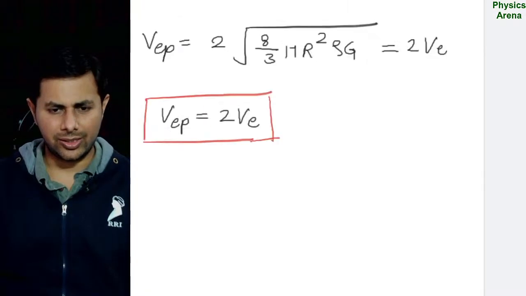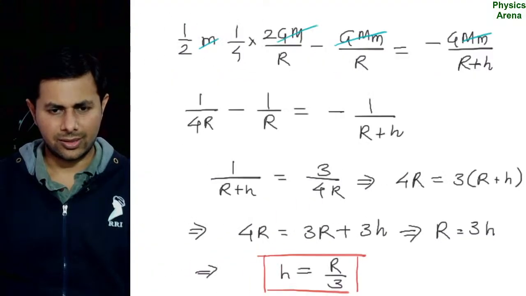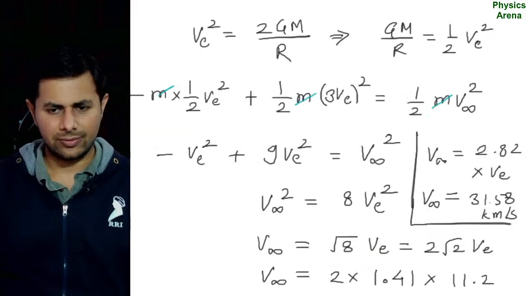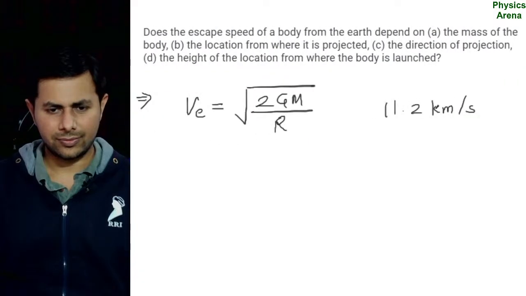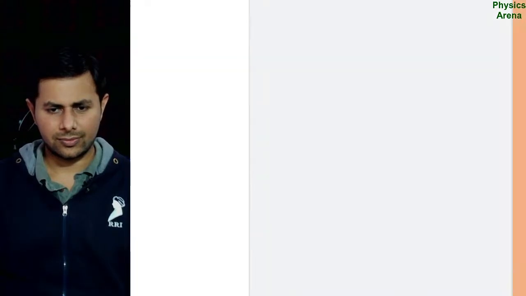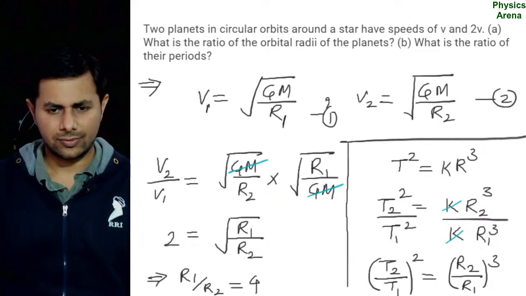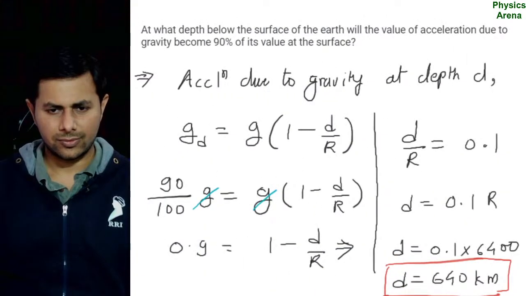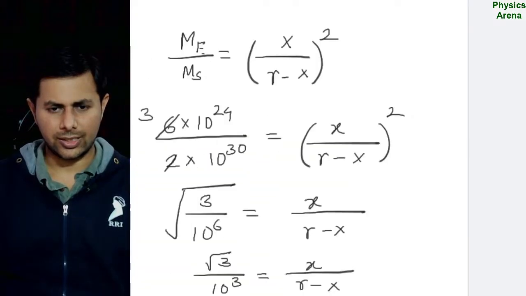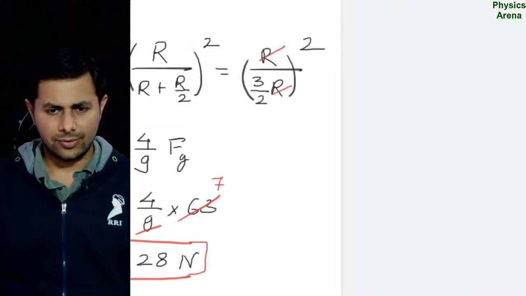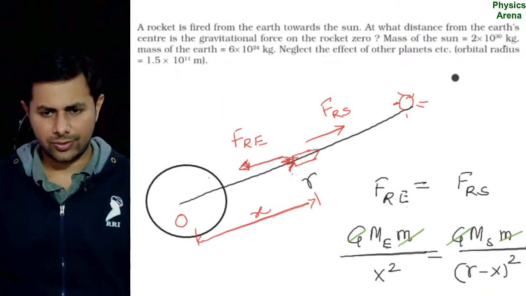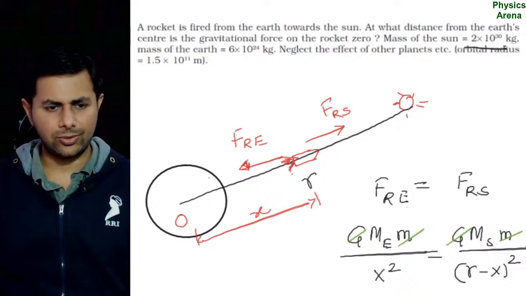Okay, it was given in some earlier problem, in the first or second problem itself, where it is 2 into 10 raised to 30.